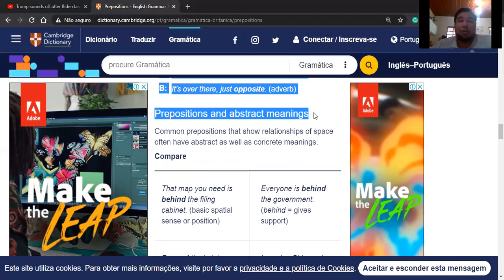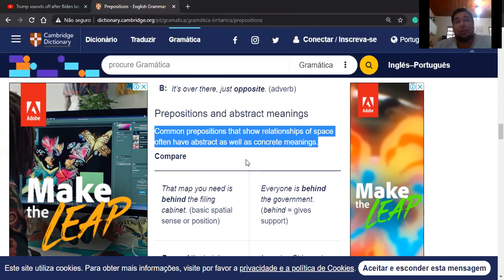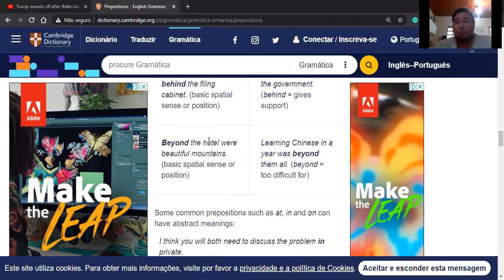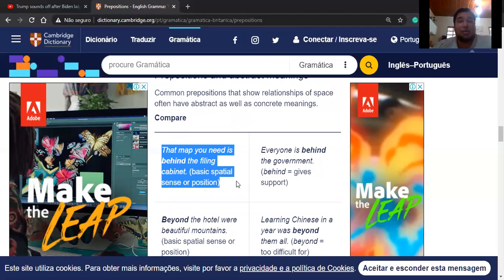Prepositions and abstract meanings. Common prepositions that show relationships of space often have abstract as well as concrete meanings. Compare. Vamos fazer comparação. The map you need is behind the filing cabinet. Basic spatial sense or position.